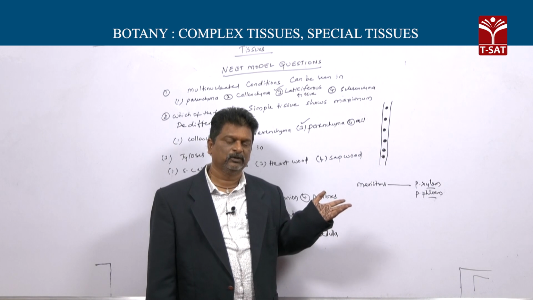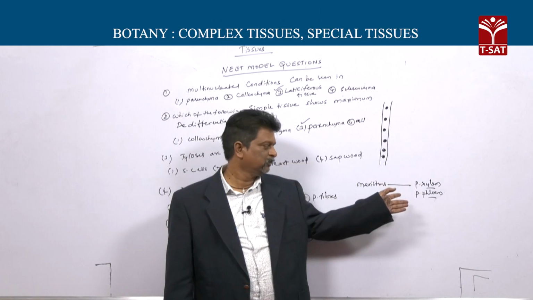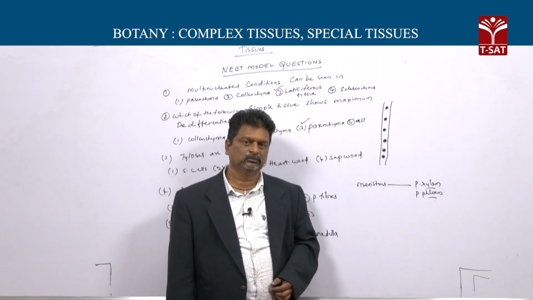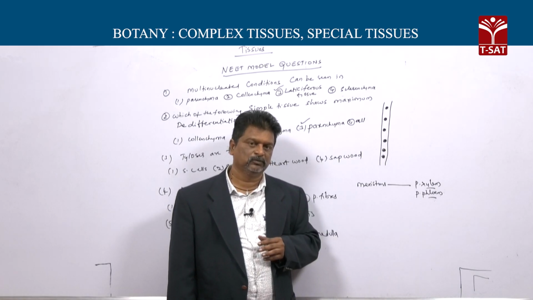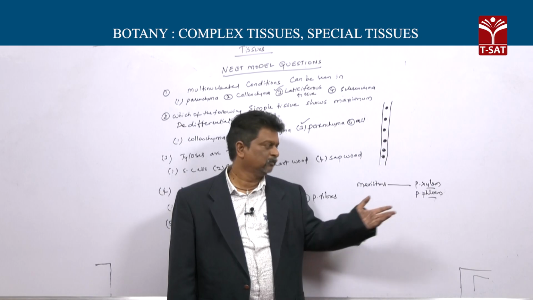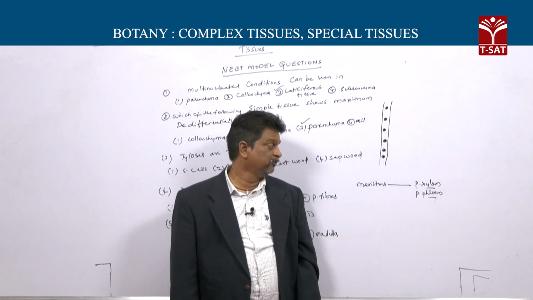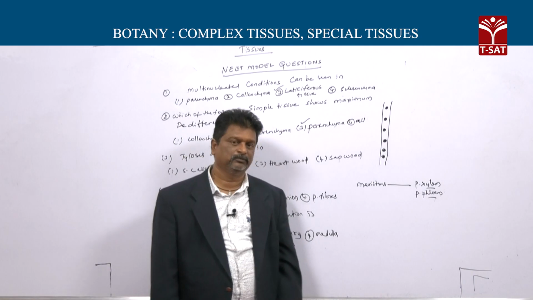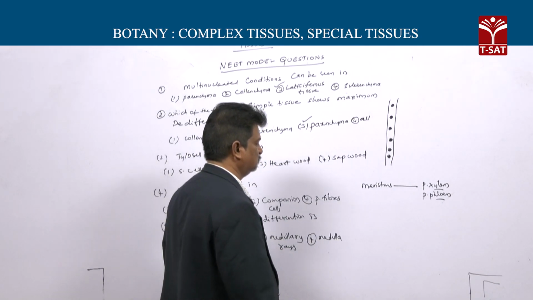For what? Mechanical support. Then after maturity, it loses protoplasm. So cells produced from meristems to perform functions undergo differentiation. So differentiated tissue, example, primary xylem and phloem. The next one, dedifferentiation.